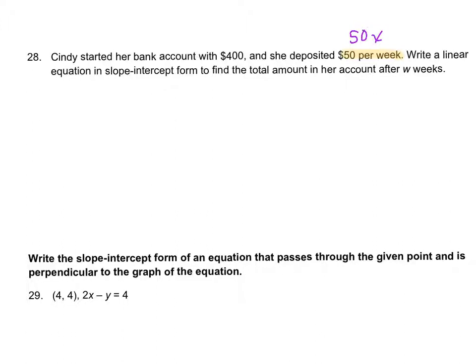Write a linear equation in slope-intercept form to find the total amount of her account in W weeks. So the total amount is equal to the 400 she started with plus $50 multiplied by the number of weeks. That's your slope-intercept equation.